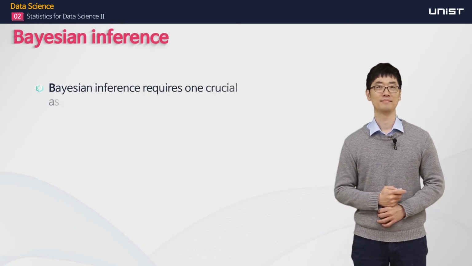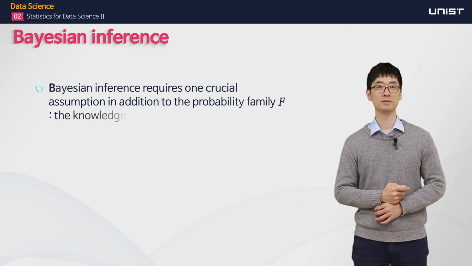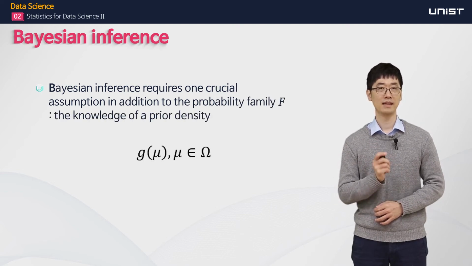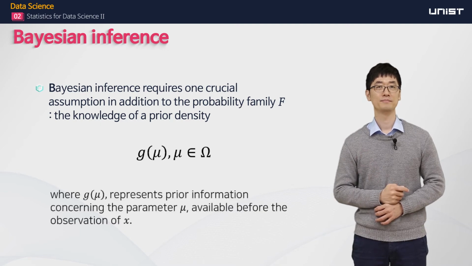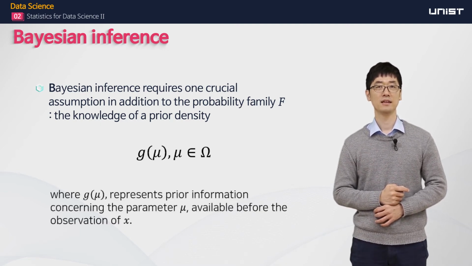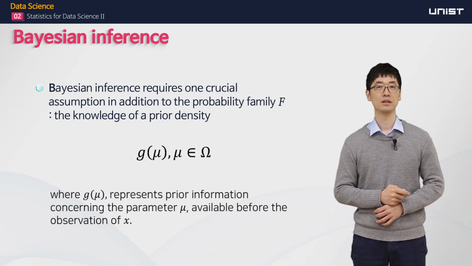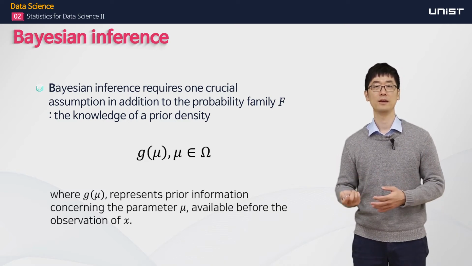On the other hand, Bayesian inference requires one crucial assumption in addition to the probability family. That is the knowledge of prior density, g of mu, where g of mu represents prior information concerning the unknown parameter mu available before the observation of x.